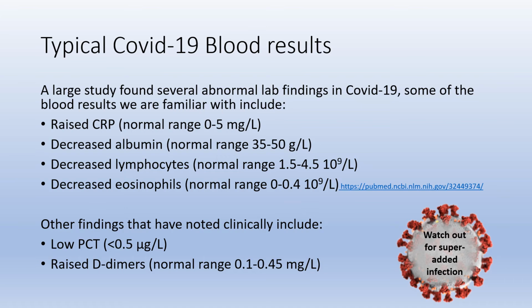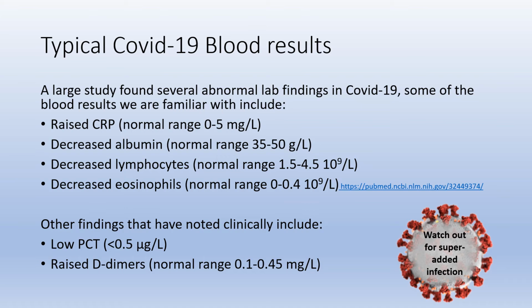Just a quick slide about some of the typical blood results that we might see. We're not particularly seeing white cell counts raised unless we've got superadded infection, but we might see raised CRP, reduced albumin, reduced lymphocytes, and reduced eosinophils. Some of the other findings that have been noted clinically include a low PCT, so that would normally indicate some infection.